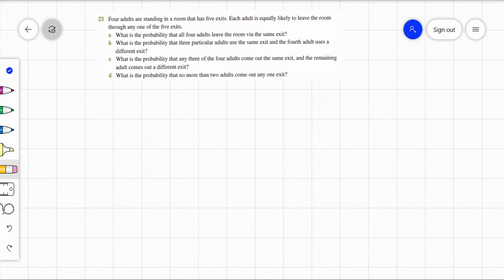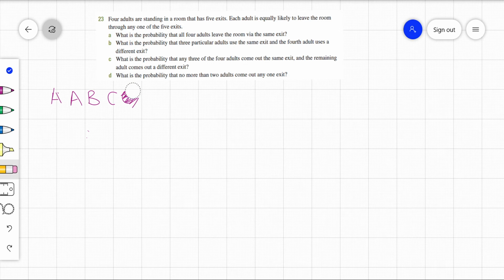So if each adult has 5 choices and you've got 4 adults, then I'll just put 5 to the power of 4. So in total, the number of combinations, the first one might choose A, then the next one might choose A again, then B, C, C. No, 4 adults. There are only 4 adults. Take that back. 5 exits, 4 adults.